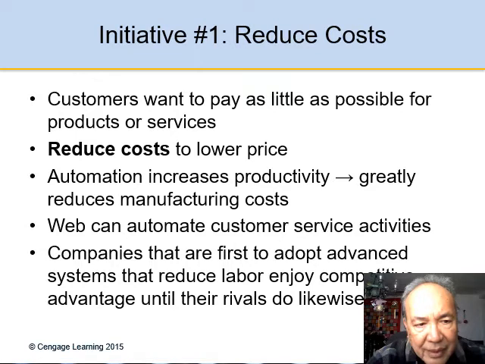Now the whole car can be put together by a machine, by a robot, that is automation. The web can automate customer service activities. Companies that are first to adopt advanced systems that reduce labor enjoy competitive advantage until their rivals do likewise.